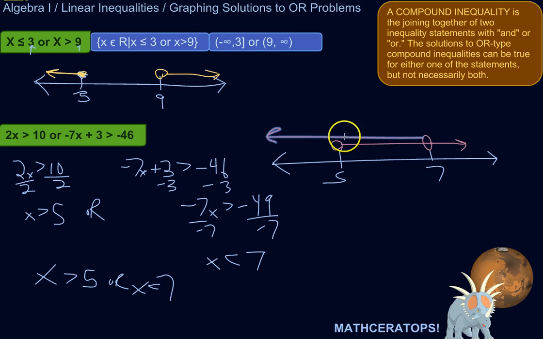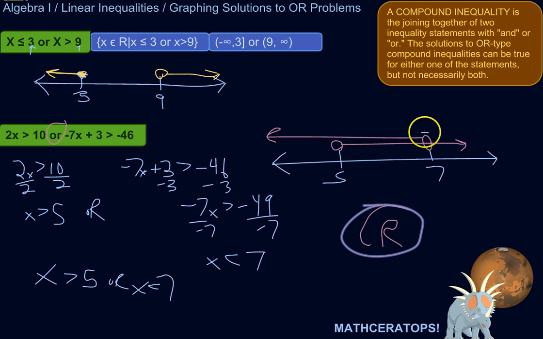What you can tell from this is because they overlap, and because we're dealing with an OR type problem, meaning that a potential solution could be either on this line or it could be on this line. Either way, it counts as a solution. Well, these lines overlap, so every real number is going to fulfill one of those two conditions. So we can look at this graph and say, actually, the solution is all real numbers.